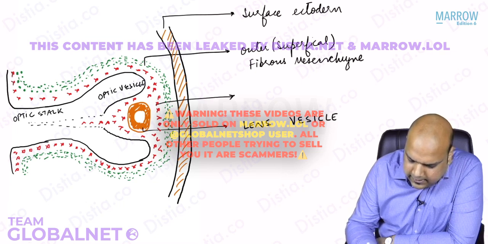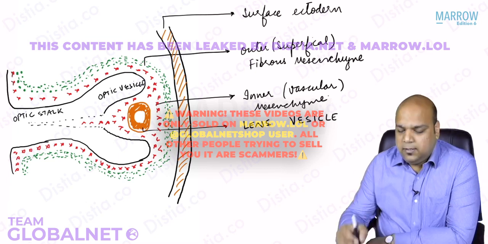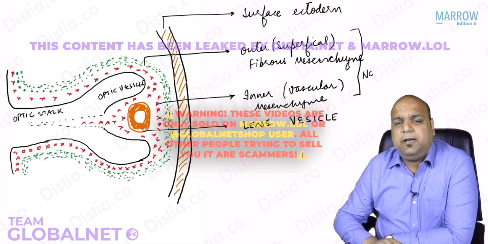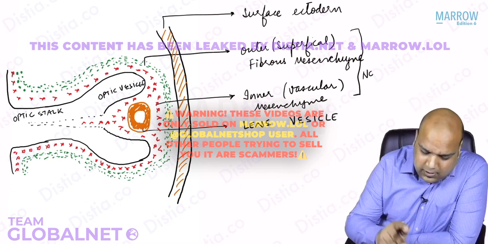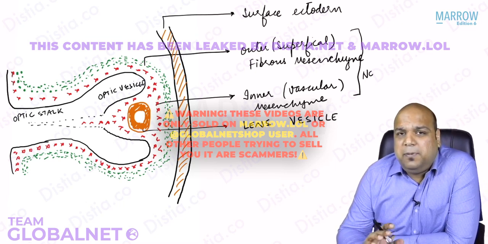And this red color, everybody, this is your inner vascular mesenchyme. Okay. These mesenchymes both come from neural crest cells. I have written NCC.